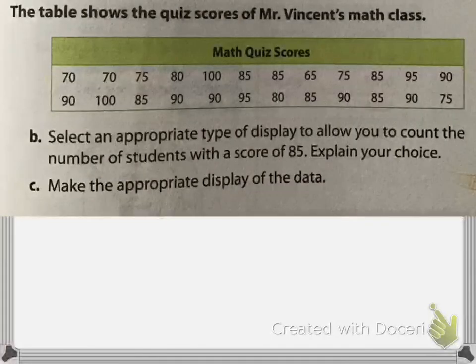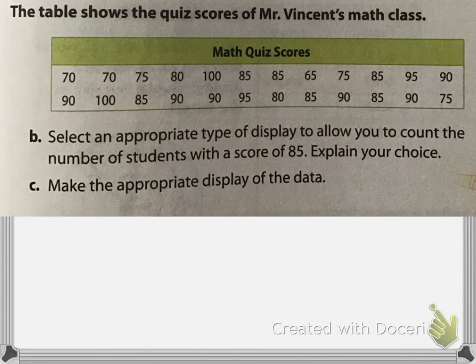What about here? So here, we need an appropriate type of display of numbers that allow you to count the number of students with a score of 85. So here's what they want us to do. We have math scores, and we have numbers for each of their scores, which means we have numbers for both sides of our graph. We have the score number they get and the amount of people getting that score.